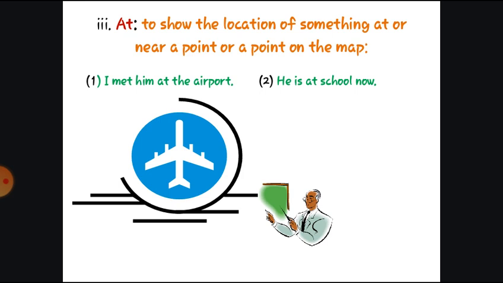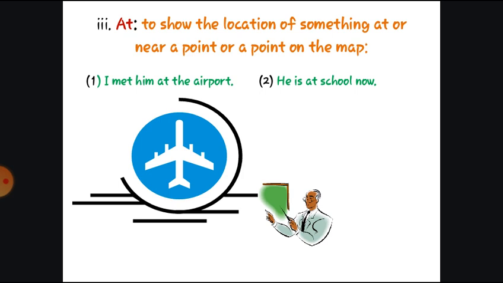And in these two sentences, at as a preposition is used. So from these two examples, we should learn that at as a preposition is used to show the location of something at or near a point or a point on the map.